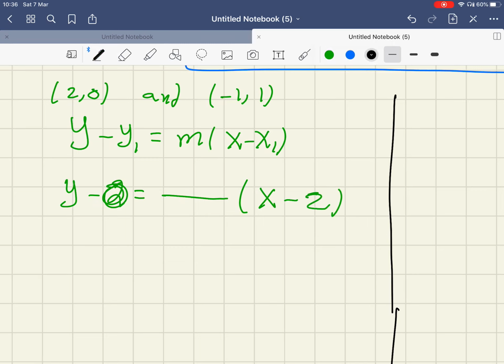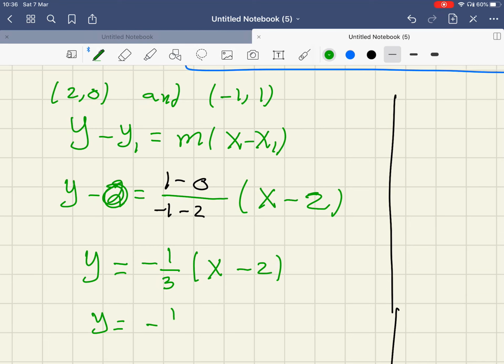Now the m is y2, which is 1, minus y1, which is 0, over x2, which is -1, minus 2. So the final answer would be y equals -1 over 3, times x minus 2. If we distribute it, it will be -1 over 3 x plus 2 over 3.